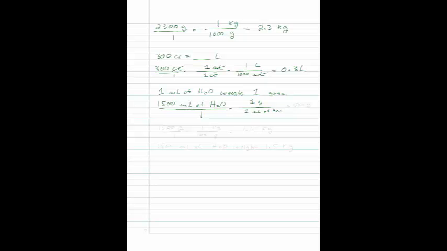So what we get here is 1,500 grams. And if we wanted to convert that into kilograms, we could take 1,500 grams, converting that to kilograms, grams on the bottom, kilograms on the top. 1,000 grams is 1 kilogram. 1,500 divided by 1,000 would be 1.5 kilograms. So 1,500 milliliters of water would weigh 1.5 kilograms.